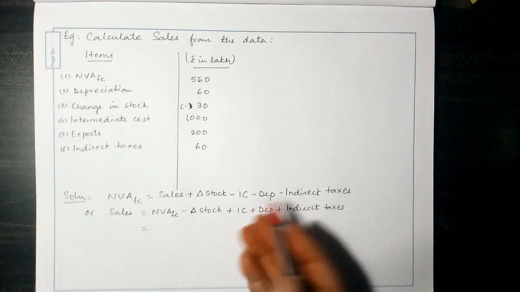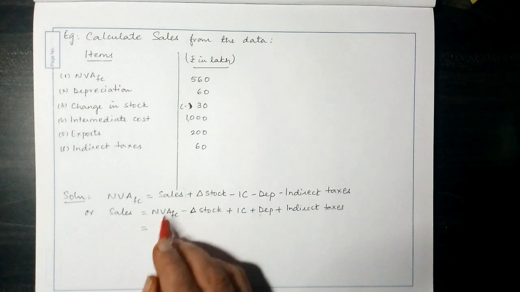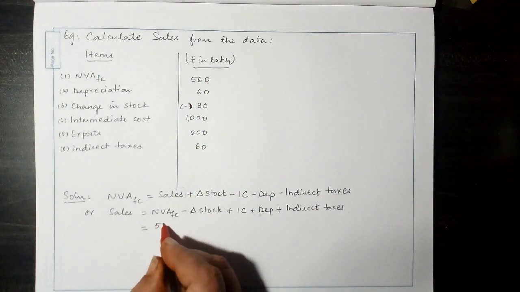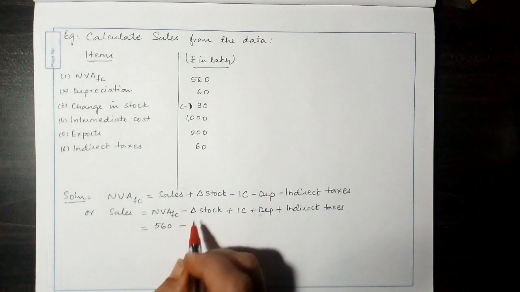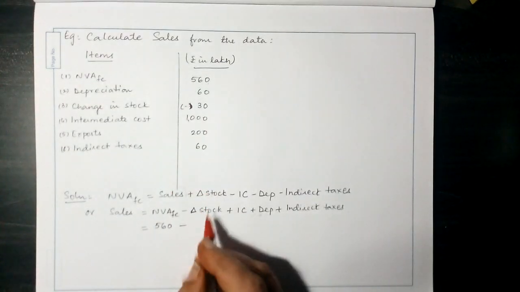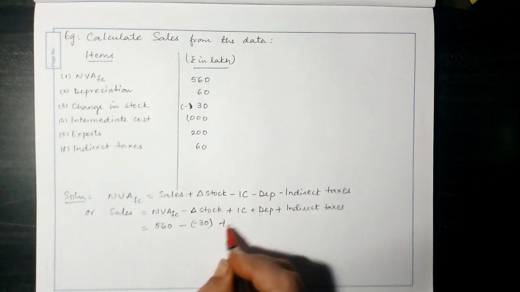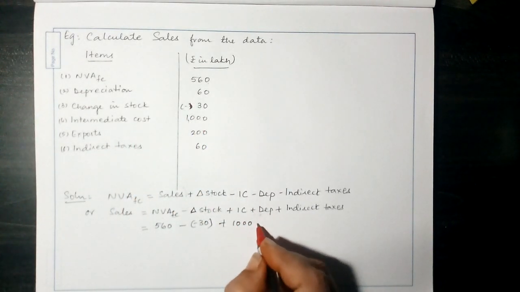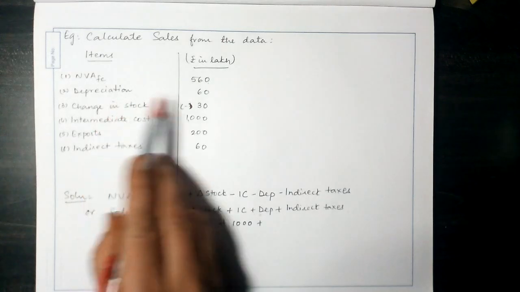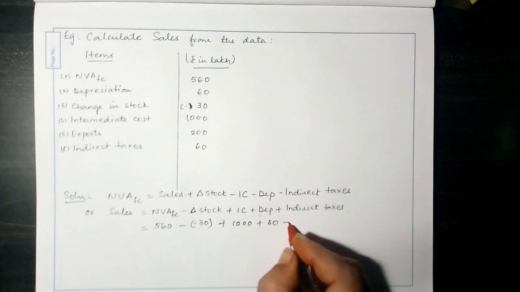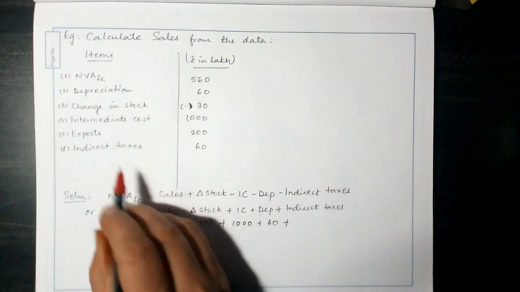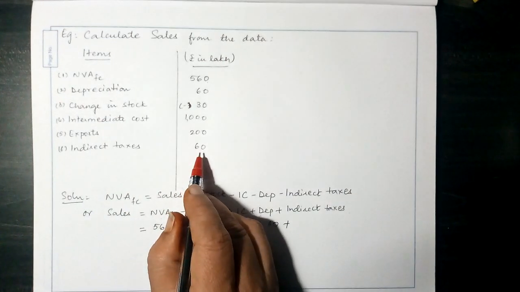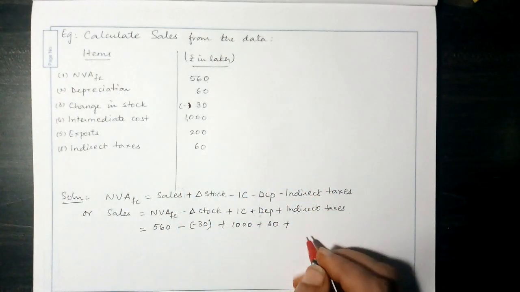Now we'll put the values and arrive at the answer. So what is NVAFC? It is equal to 560 crores minus change in stock, which is minus 30, so we write minus 30 in brackets, plus intermediate cost. Intermediate cost is 1000 crore. So 1000 plus depreciation. Depreciation is 60 crores plus indirect taxes. We are given indirect taxes. If we are given subsidies, then we will find net indirect taxes.